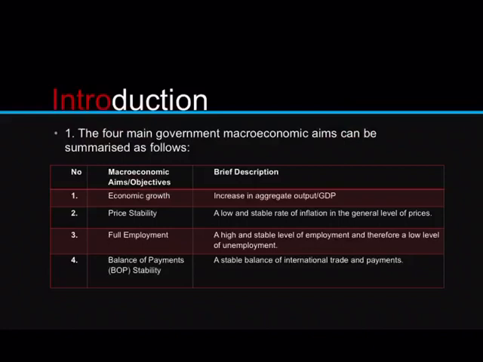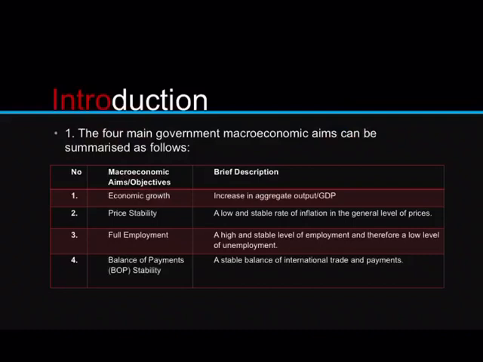The first aim is economic growth. The term growth means increase. Growth in something means an increase in something. Economic growth means an increase in income, an increase in the output of a country.